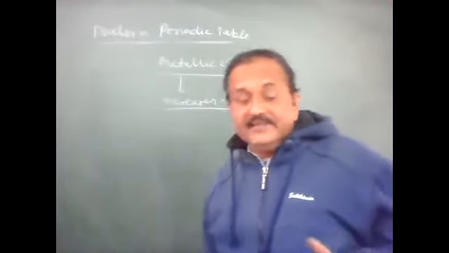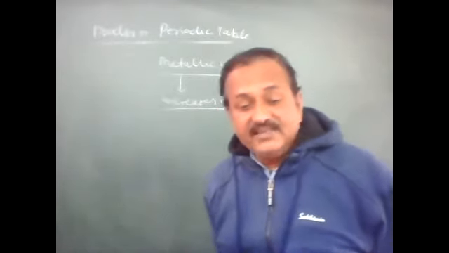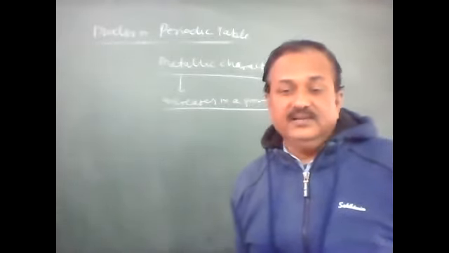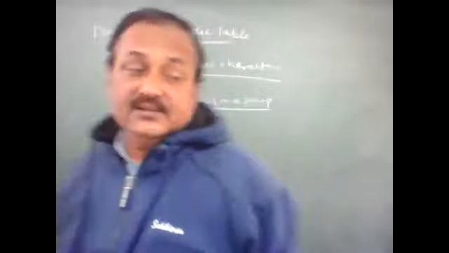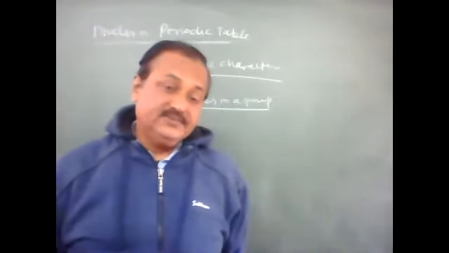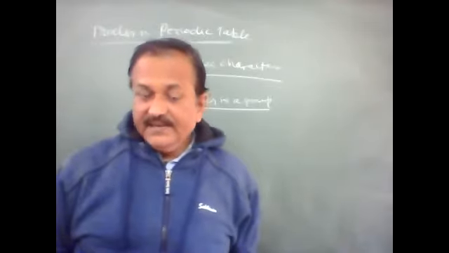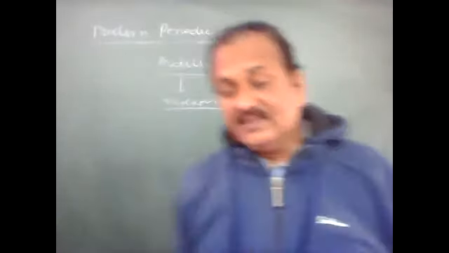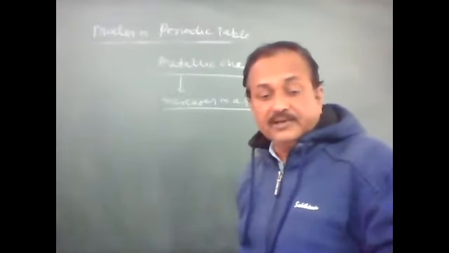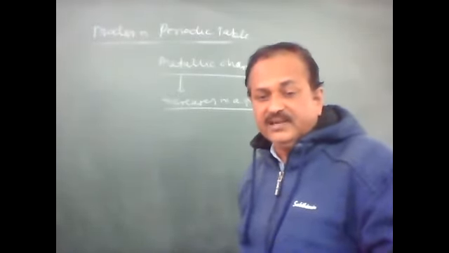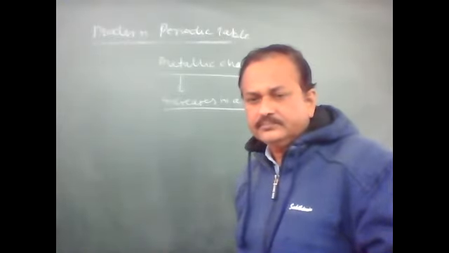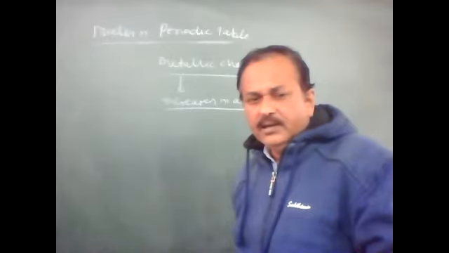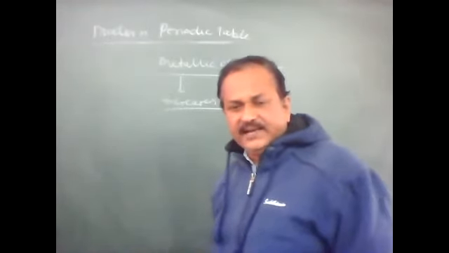Because as the atomic size increases, the valence electrons are loosely bonded, and as a result, there is much easier loss of electrons. And what is a metal? A metal is one which has the tendency to lose electrons. Metals lose electrons easily, and so this is the metallic character.